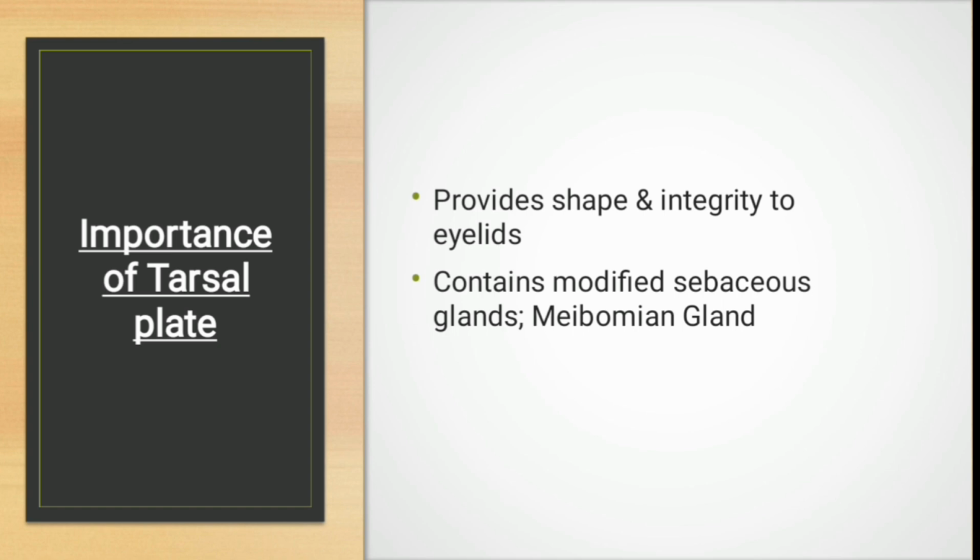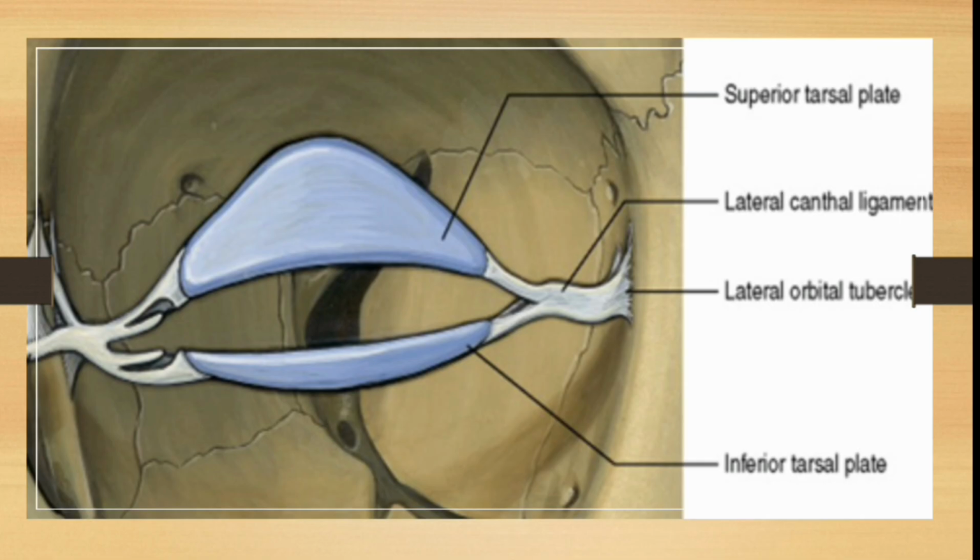So that is why the tarsal plate is very important, because it has a major gland in it, that is the Meibomian gland. So let's move on and talk about the Meibomian gland, but first of all we are going to see what the tarsal plate looks like, right? So this is the eyelid structure, which is a tarsal plate that was a hard or tough structure, and was 29 millimeters in length, meaning that this is the length, right?